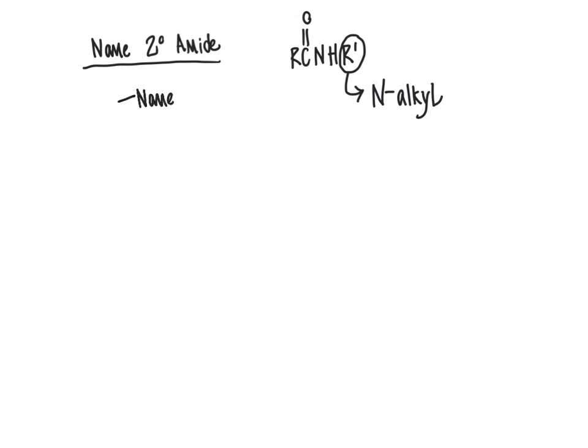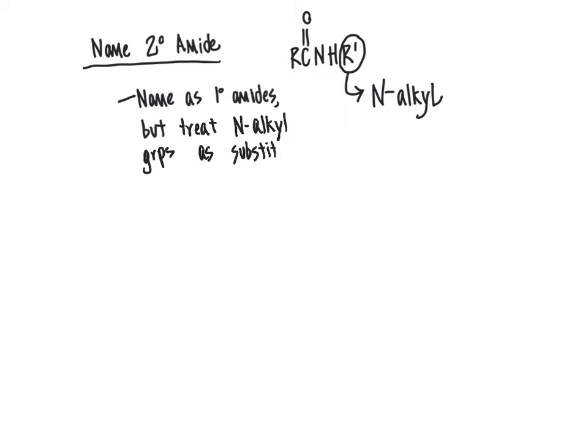We will name these the same way as we would primary amides, but the difference is that we will treat the alkyl groups that are directly bonded to the nitrogen as branches coming off of that nitrogen, specifying their position attached to that nitrogen by using the prefix N. So name the molecules as primary amides using the rules we were just looking at, and treat the N-alkyl groups as substituents or as branches coming off of the molecule, using the prefix N to indicate where those are located.